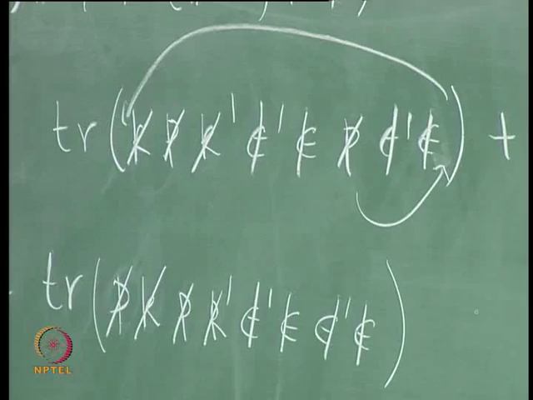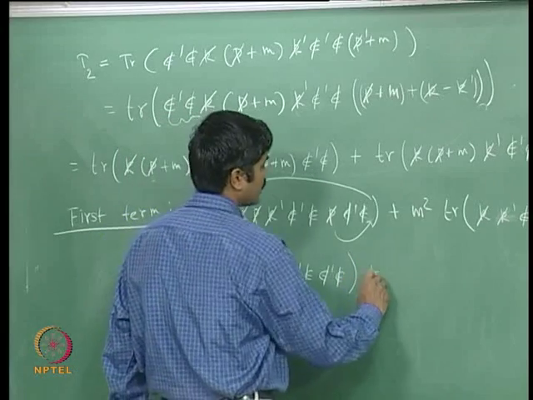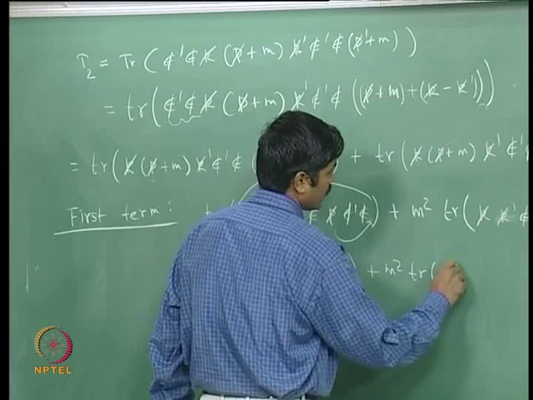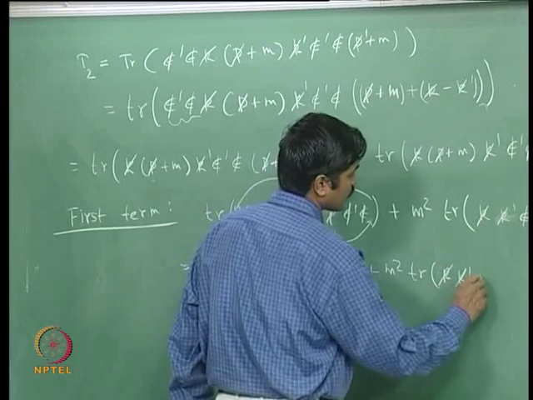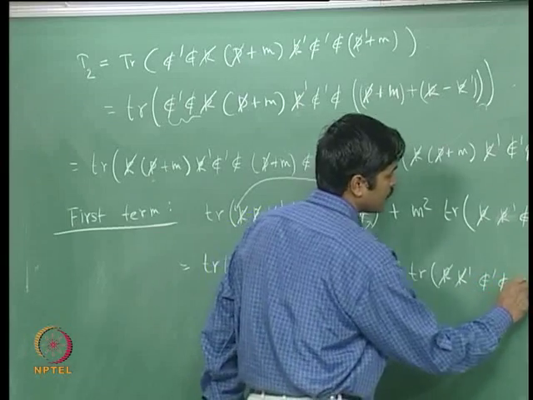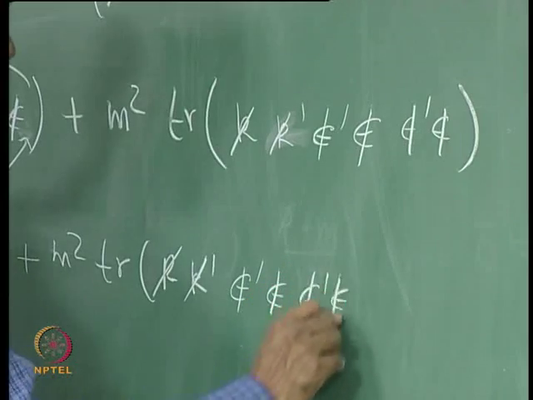This is the first term, and the second term is M square trace of K slash K prime slash epsilon prime slash epsilon slash epsilon prime slash epsilon slash.